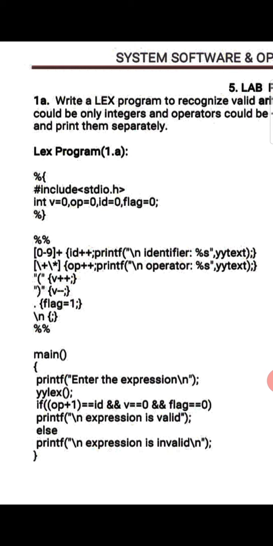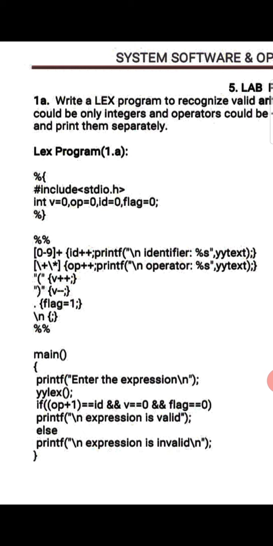It is equal to ID. What is the content of ID? It contains 2 identifiers. The count of identifiers in the given expression 3 plus 4 is 2. So OP plus 1 is exactly equal to ID, and V is equal to 0.